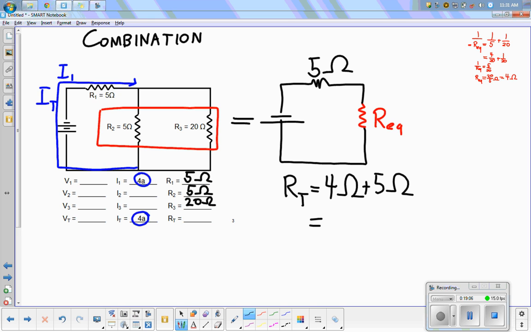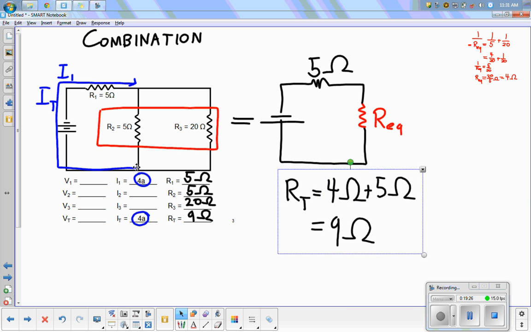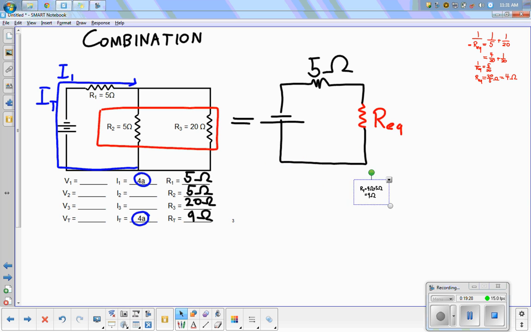At this point, we can treat either one of these drawings as equivalent. I'm going to look at the drawing of the series circuit for a second. Now again, I didn't somehow replace these two. These two drawings are equivalent to each other. That's why we're using the term equivalent.